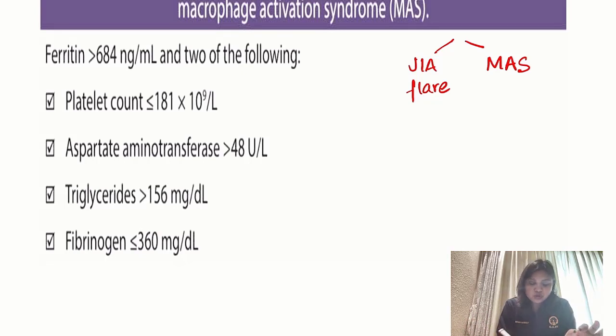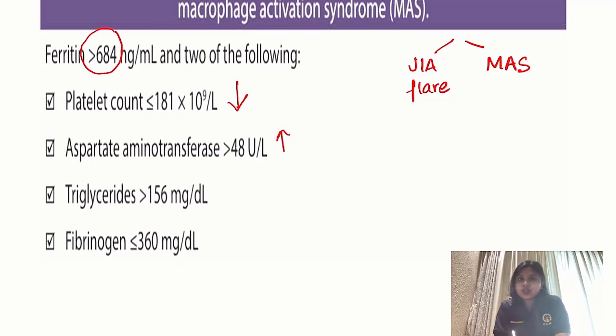So you need to remember this value, that ferritin is high, more than 684 nanogram per ml, and any two of the following: platelets will go down, less than 1.8 lakh; AST will go up, more than 48. Remember, here also we have aspartate aminotransferase. We also talked about it in JDM, where we have AST as the enzyme. Here also it is AST as the enzyme.